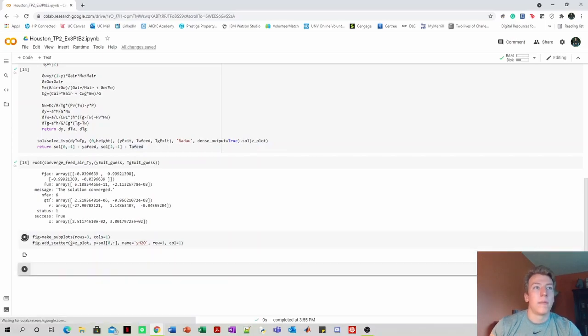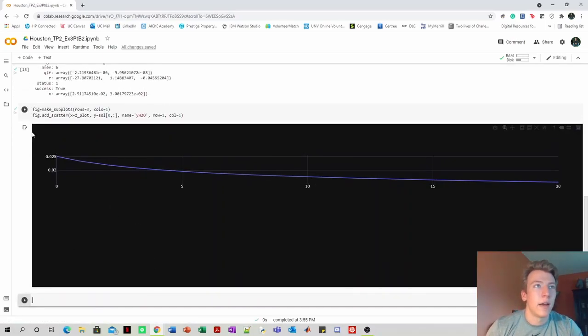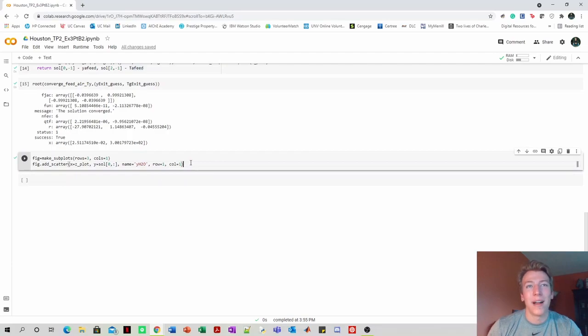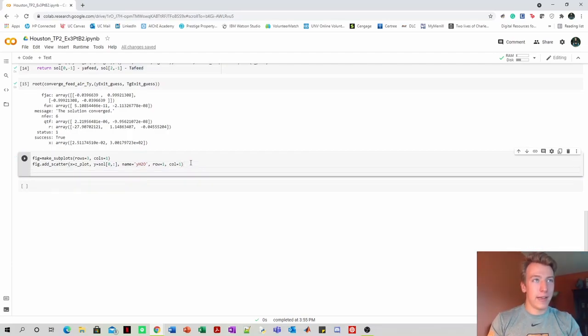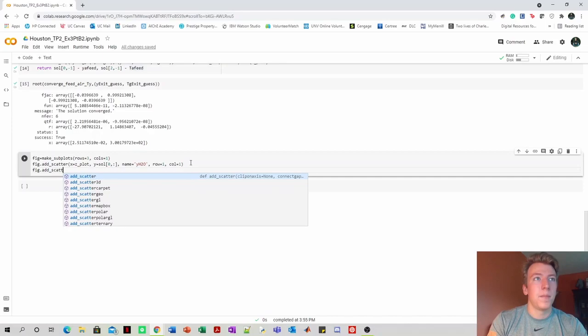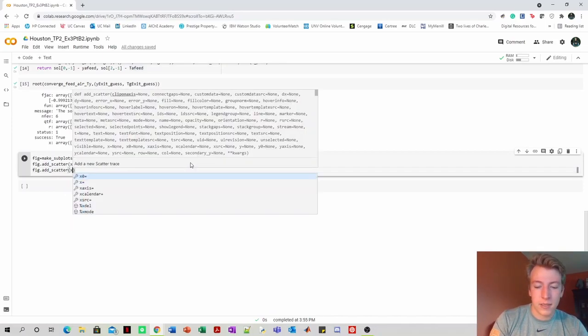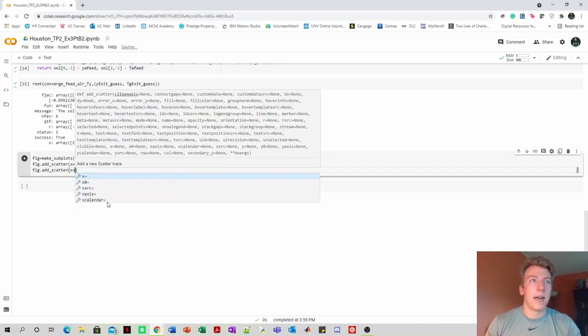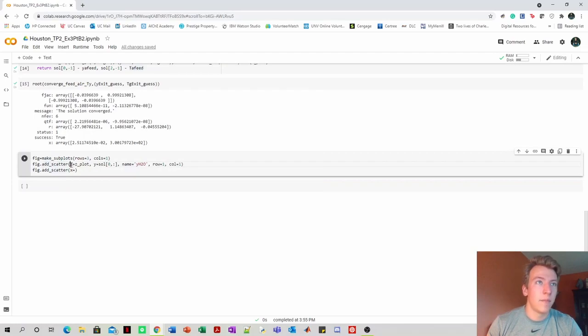Oh crap, did not mean to do that yet. Well, I guess I'm glad we see it's working. So next we want to do the same thing now for the other two differential equations that we did. So fig.add scatter, x is equal to, actually I'm just going to copy and paste this to save some time.